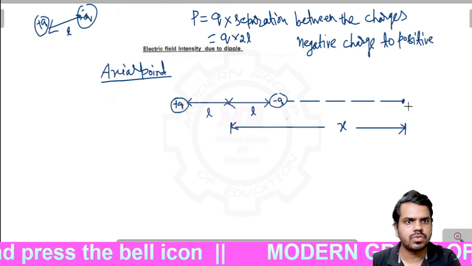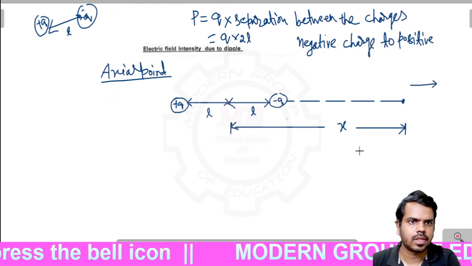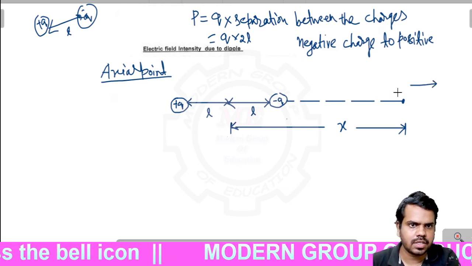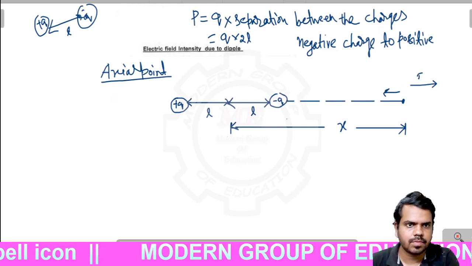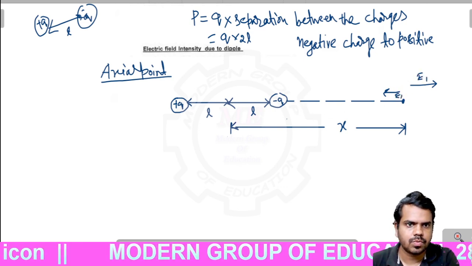The plus q charge will repel the test charge like this, and the minus q charge will attract the test charge like this. Say it is E1 and it is E2.